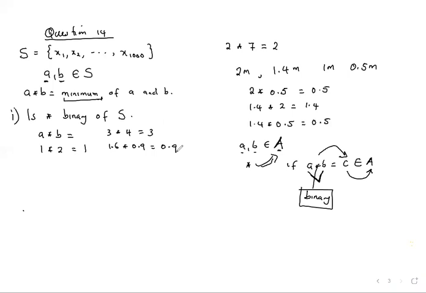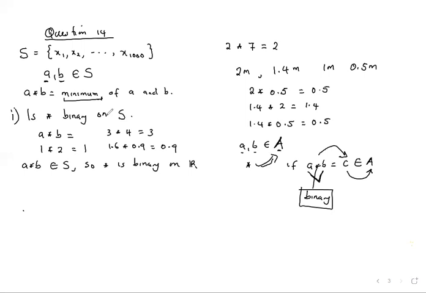Whatever we do to A and B with star, the result will be in S. So star is binary on S. Every time you get two heights, the answer is one of those heights, and those are heights of students.